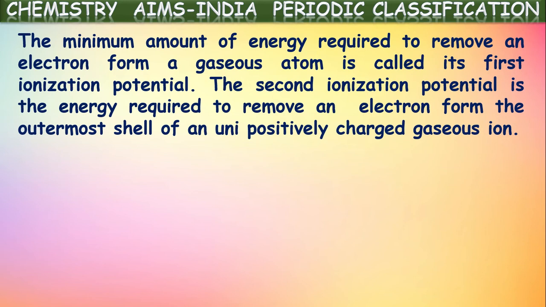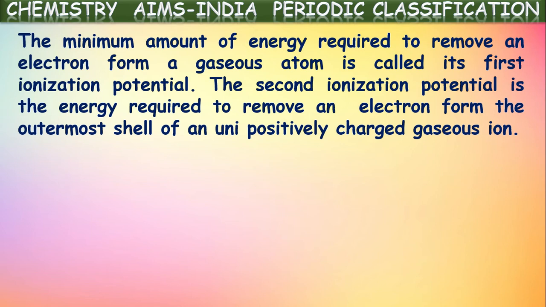So the minimum amount of energy required to remove an electron from the gaseous atom is called its first ionization potential, because from certain elements more than one electron also can be removed. Yes, there are some metallic elements which can lose more than one electron in compound formation, isn't it? So the amount of energy required by those atoms for the removal of the first electron is called first ionization potential.